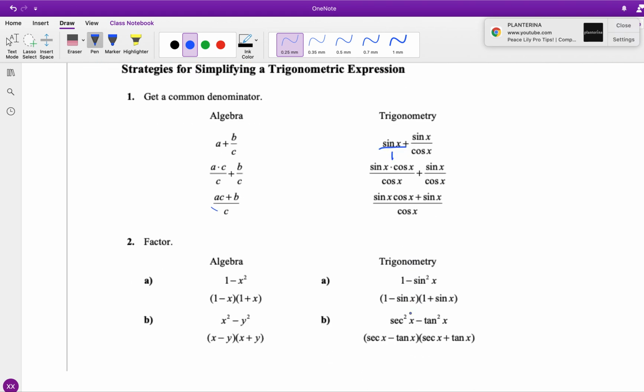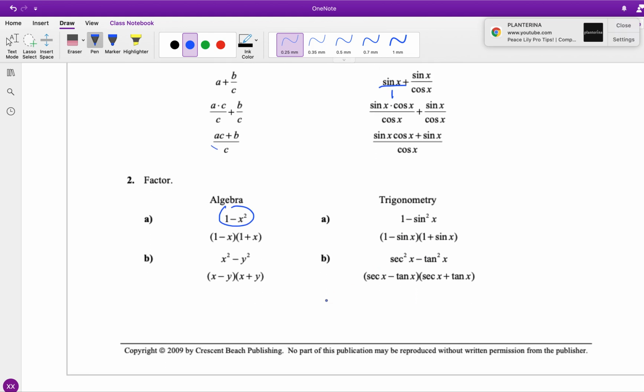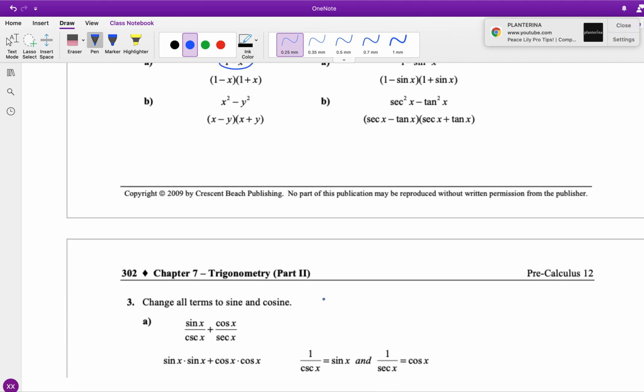Now factoring is also very important in all sorts of algebraic manipulation. First of all, it is important to realize that this binomial factors into these two binomials. Similarly, this is this. So it is the same thing, how you factor in the trigonometric sense.